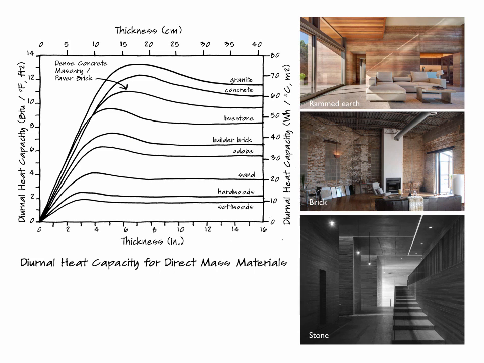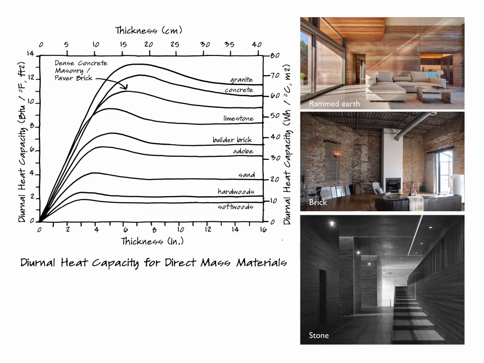Okay, so on the right you see stone, brick, rammed earth. What's the distinguishing characteristic of those materials thermally? The distinguishing characteristic is density. So in general, the more dense a building material is, the more capacity it has to store heat.